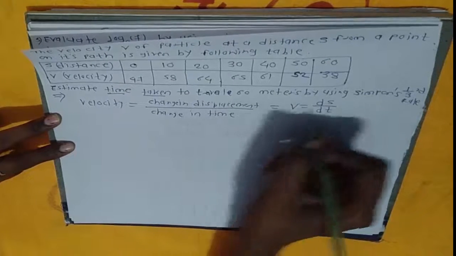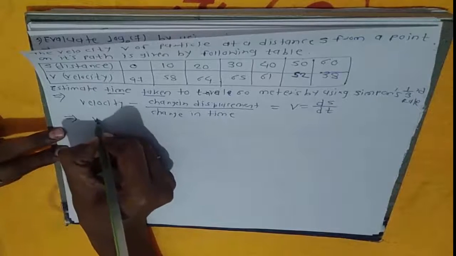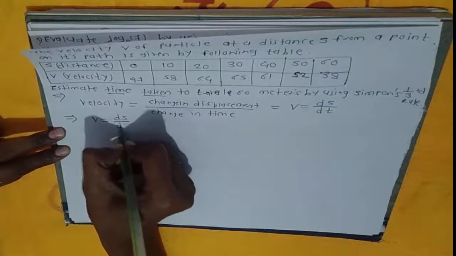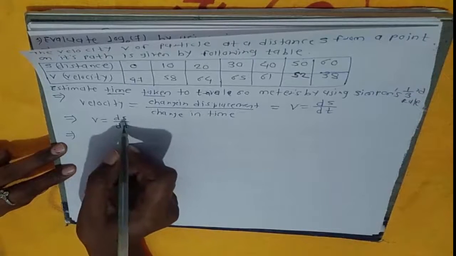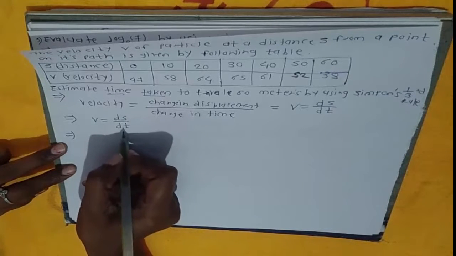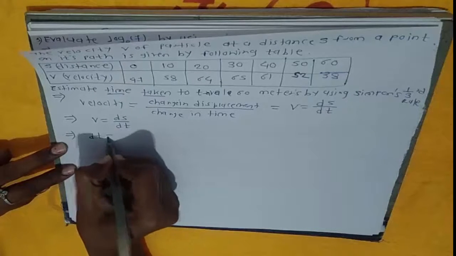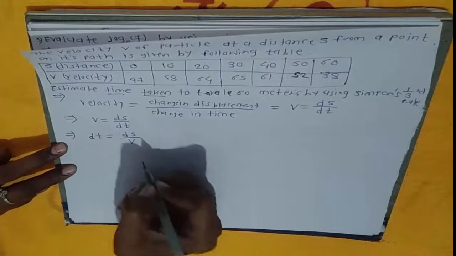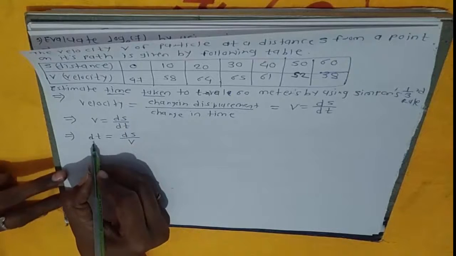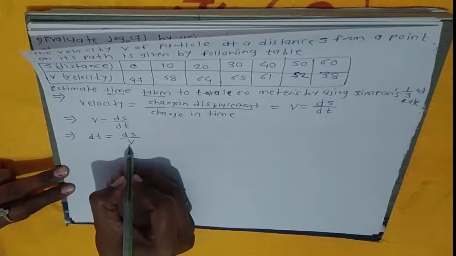If we shift this dt over, the equation becomes dt is equal to ds divided by v.